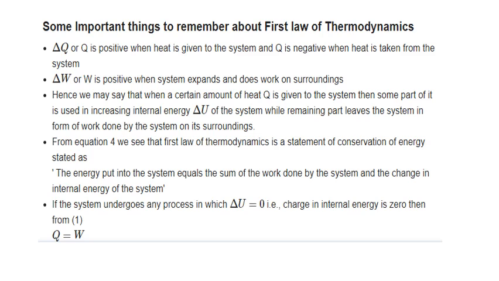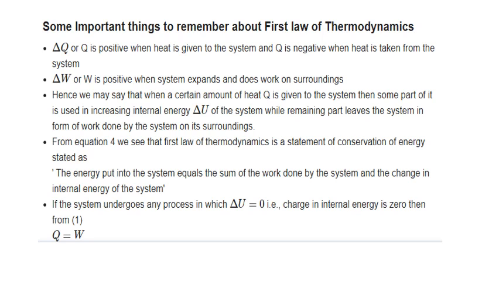There are some important things to remember about the first law of thermodynamics. Delta Q, or Q, is positive when heat is given to the system, and when heat is taken, delta Q will be negative.